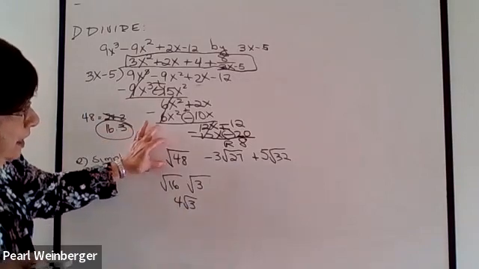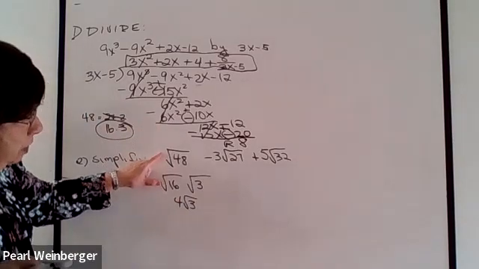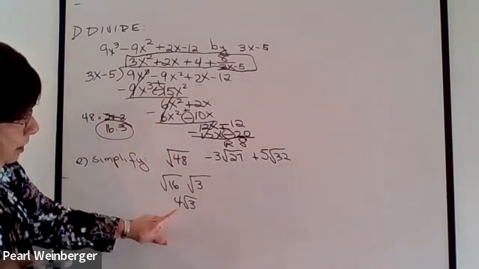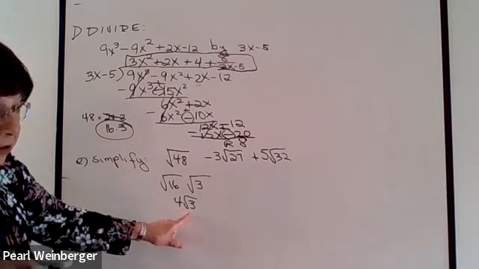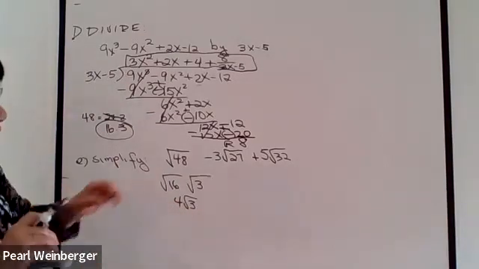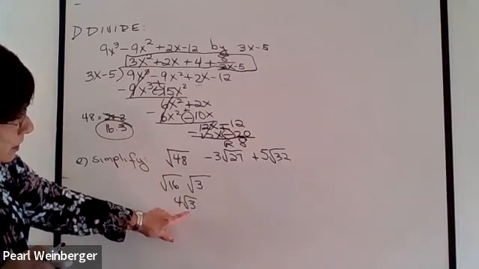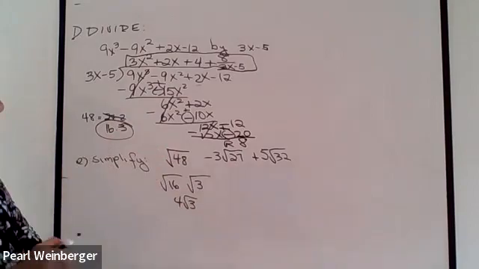It is a non-ending, non-repeating decimal. It's what we call an irrational number. But if you did 4 times the square root of 3 on your calculator, you would get the exact same irrational number. 4 times the square root of 3 is the simplified version of the square root of 48.